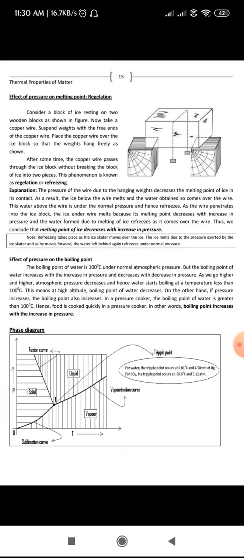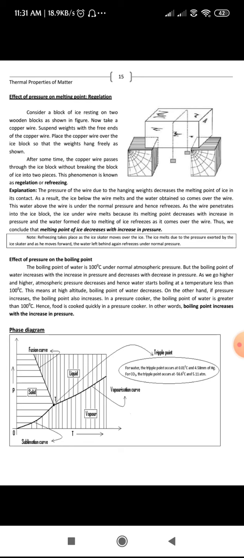As the wire keeps on penetrating through the ice, the melting point of ice decreases, so the ice melts into water. Again that melted water is under normal pressure, so it gets converted back into ice. Whatever ice gets converted into water gets converted into ice again due to normal pressure.